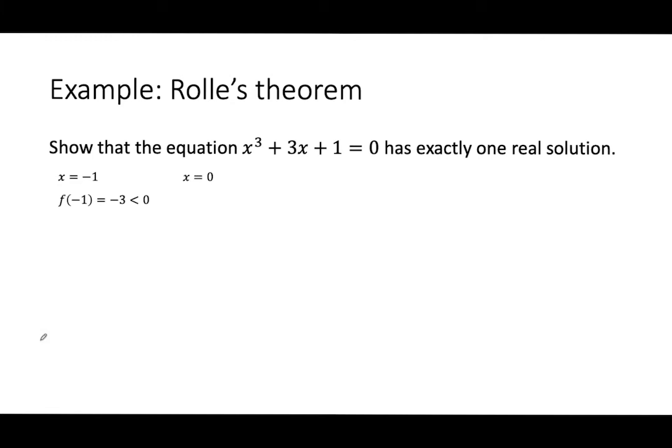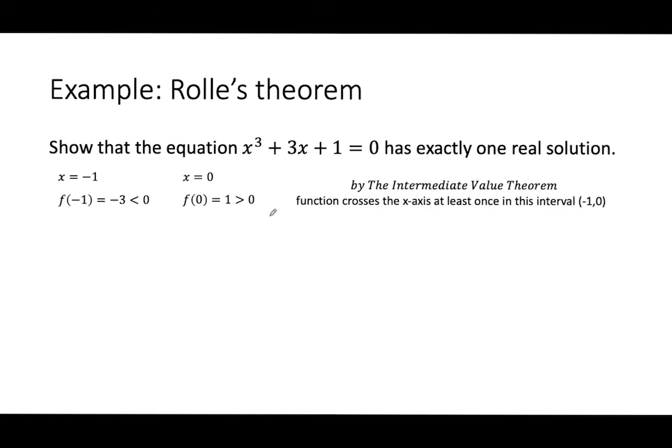And let's take x equals 0, and when we substitute in the function, we will get f of 0 equal to 1. First one is less than 0, and second one is greater than 0. And by the intermediate value theorem, we can say that we have at least one root in this interval, (-1, 0). If we want to show that that is the only real solution, we have to use Rolle's theorem.